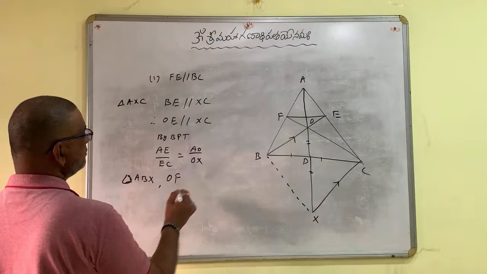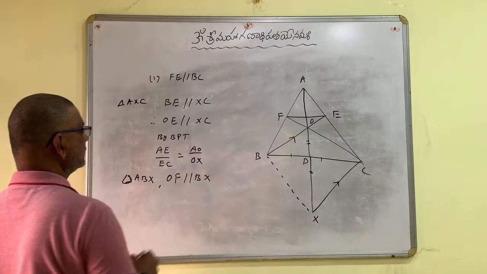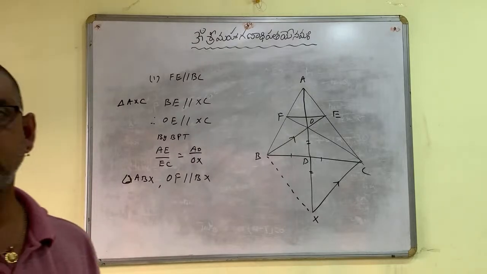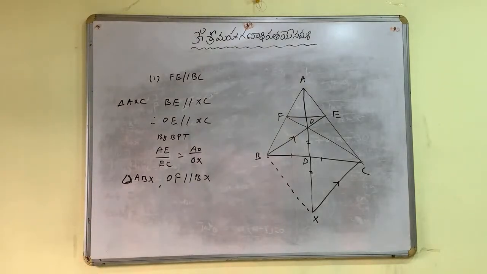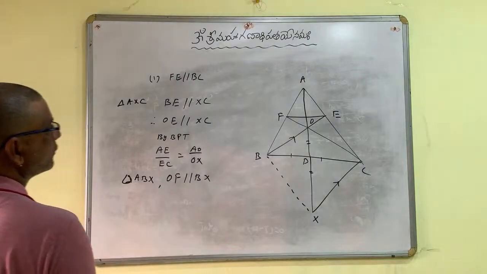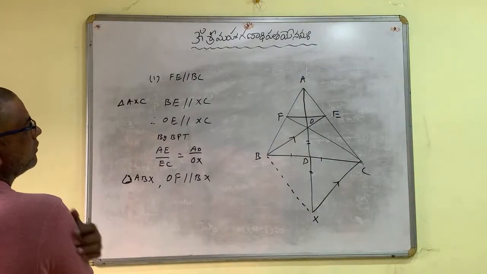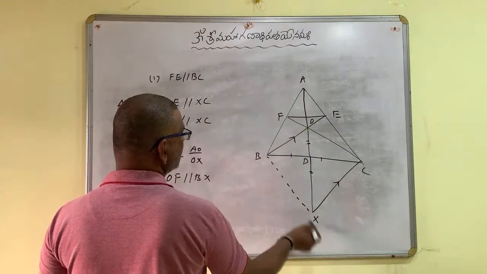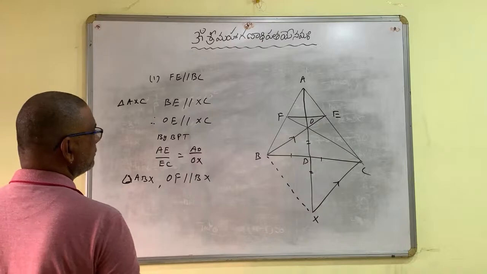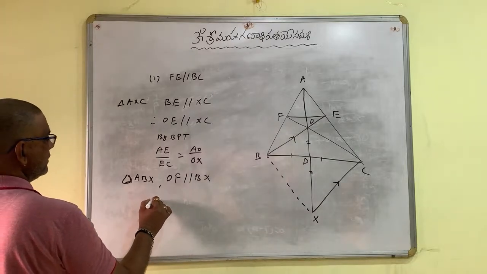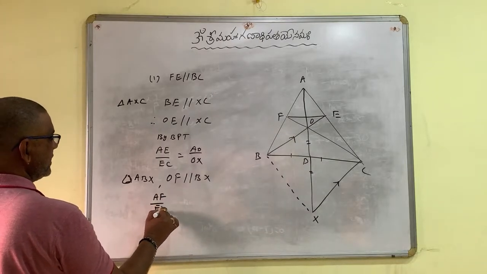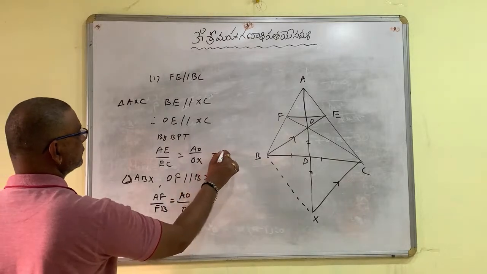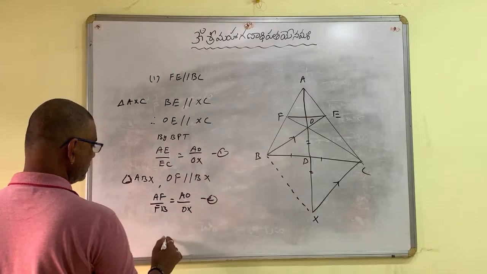OF parallel to BX in triangle ABX. OF parallel to XB or BX. Again by the basic proportionality theorem, AF by FB is equal to AO by OX. This is 1, this is 2.